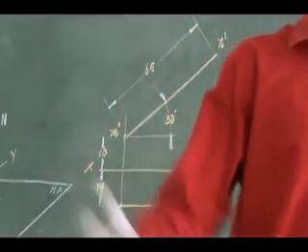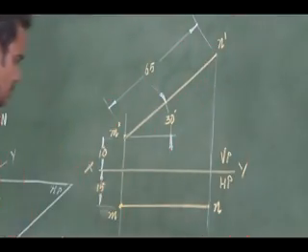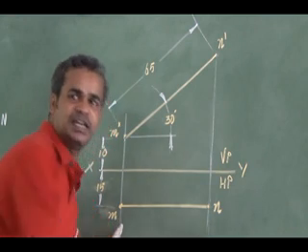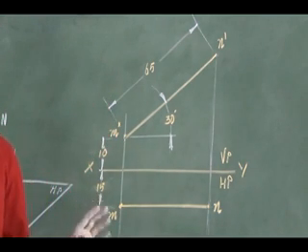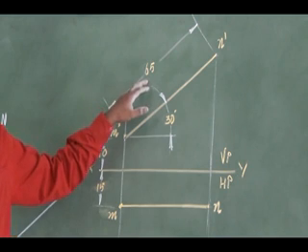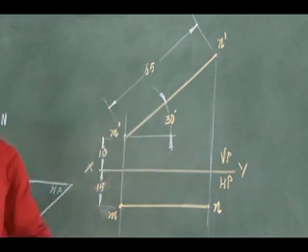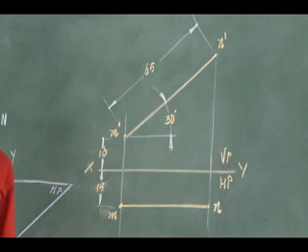How will you draw? If in the same problem I give the end projector distance, say it is 40 mm, and I give the true length 60, and I give the true inclination, can you find the true length?